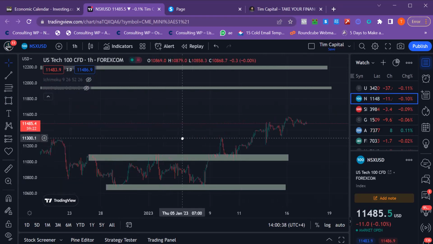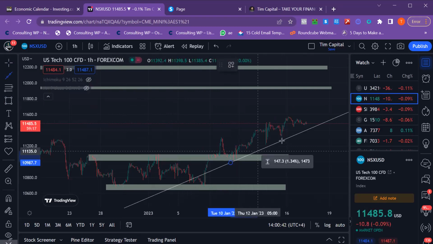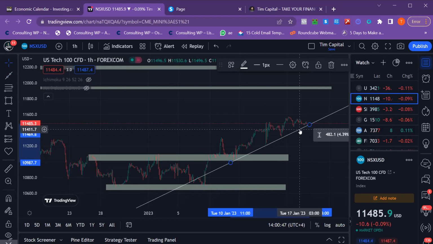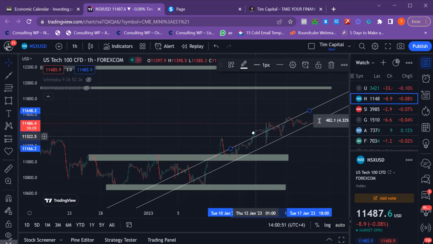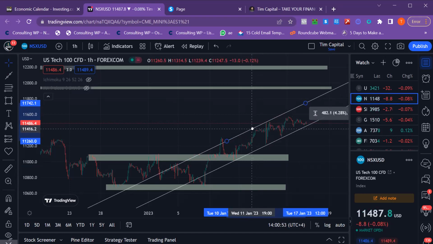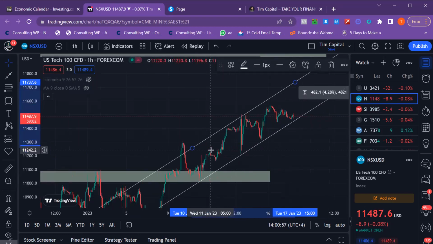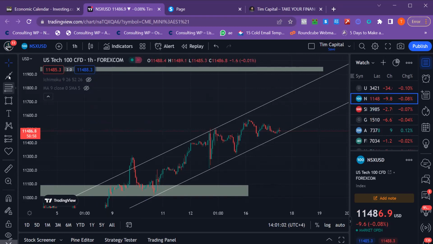So we are not really going to spend a lot of time here because it's just the same thing. The price broke here and it's going up. We can clone it to have some type of channel. There's some type of channel, and we see the price also is doing the same thing.